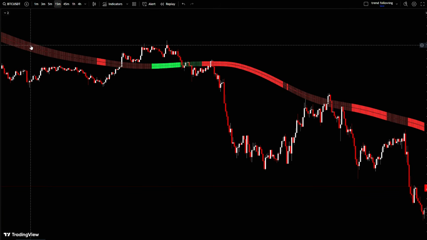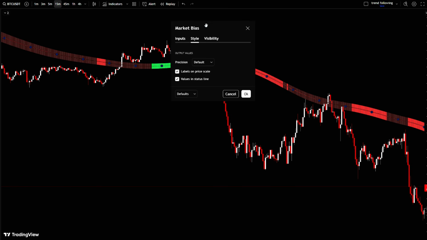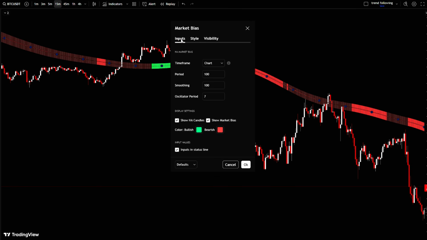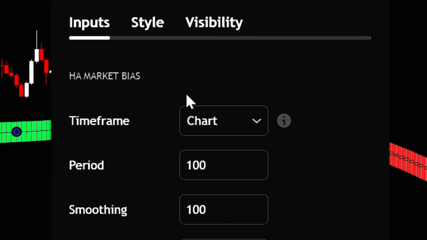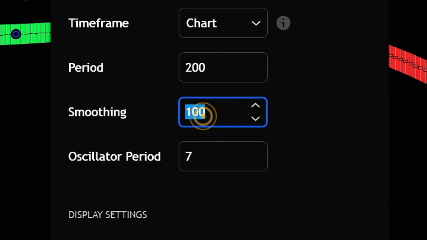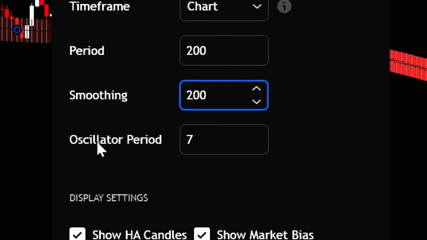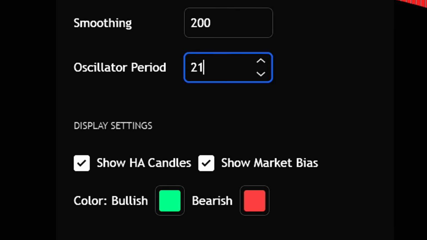So go into the settings, and here's the exact tweak. Set the period to 200. Then smoothing to 200. And after that, the oscillator to 21.